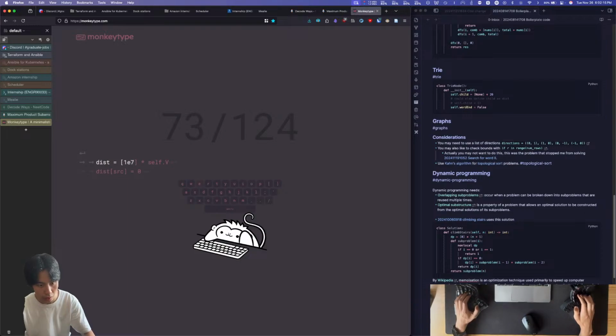One E7 close times self V dist src 0 spt set false, self V for cout in range self V, U self min distance dist spt set, U true, for V in range self.